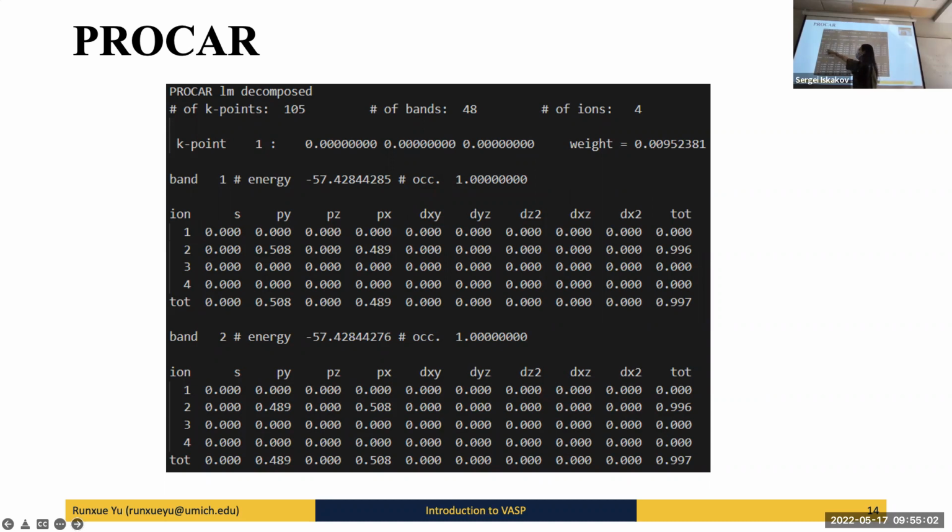For example, we have neodymium, nickel, oxygen, oxygen. The nickel PY gives band 1 a 0.508 contribution here. Based on that, you can plot the orbital projected and atom projected band structure.